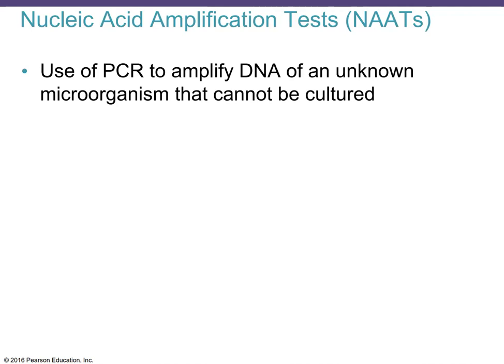It's basically a replication of the DNA. So you're copying the DNA with every round of the PCR machine. You're doubling the amount of DNA. And after 30 or 40 rounds, you have a significant amount of DNA, if that particular sequence was present, that you can see then on electrophoresis samples.